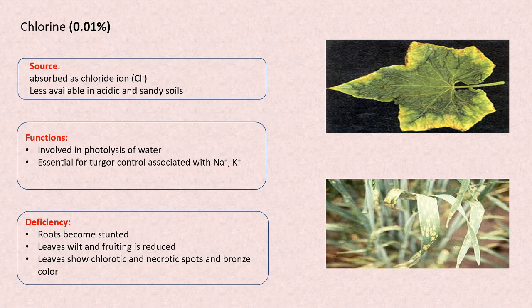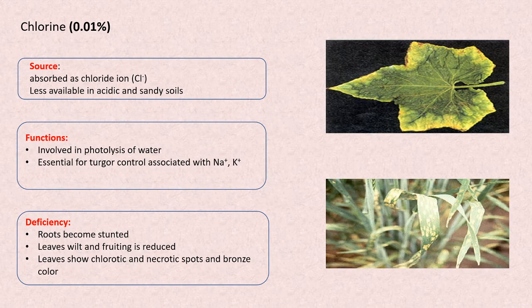Its functions: it remains in the form of Cl minus in the plant without becoming a structural part of organic molecules. It stimulates the splitting of water, that is, it is involved in photolysis of water. Already discussed that manganese and Cl minus ions are very important for photolysis of water, which supplies the lost electrons to photosystem 1.